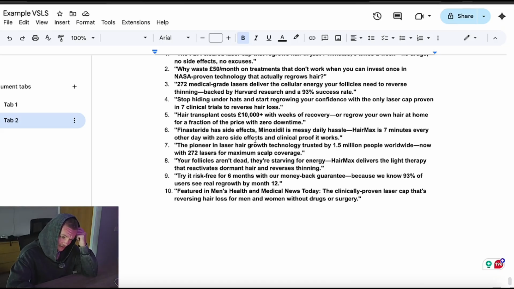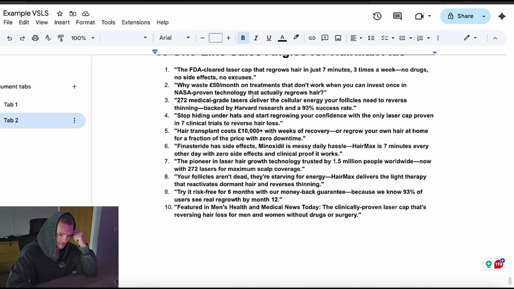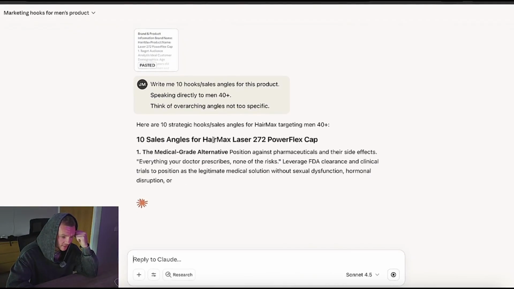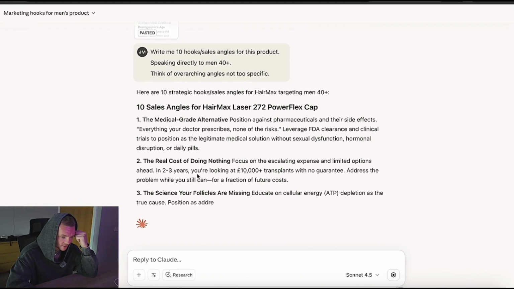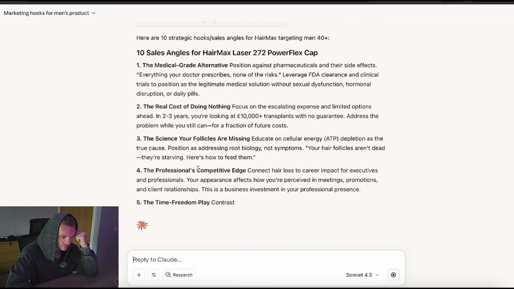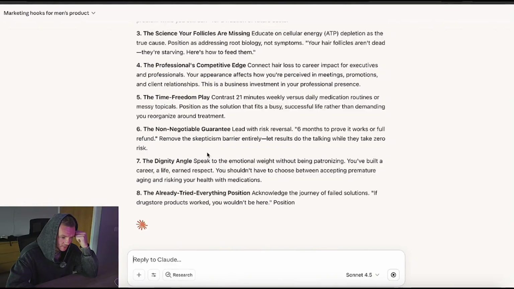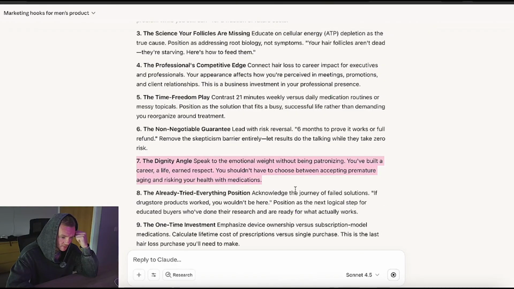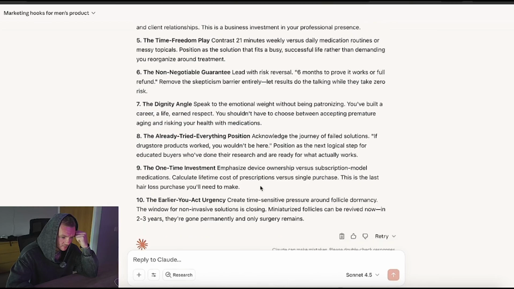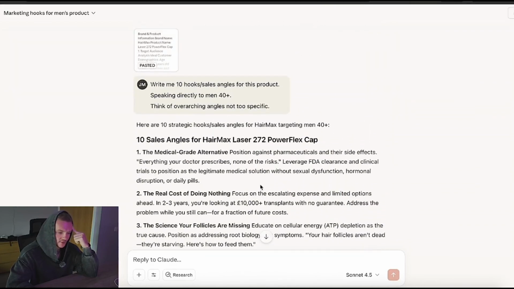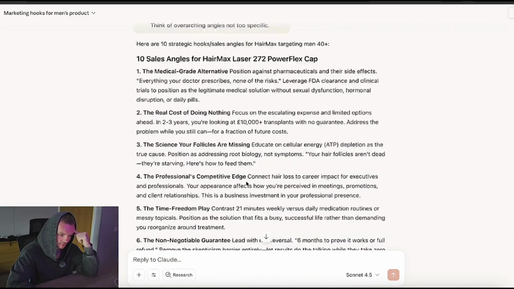Because the ones that it gave me there, I just did that with a quick prompt and they're not ideal. We want the real cost of doing nothing. Career impact. Dignity. Right, what's the biggest hair loss one? What do guys feel?